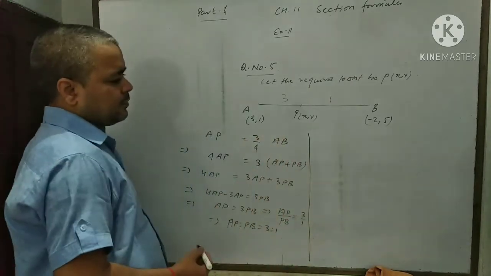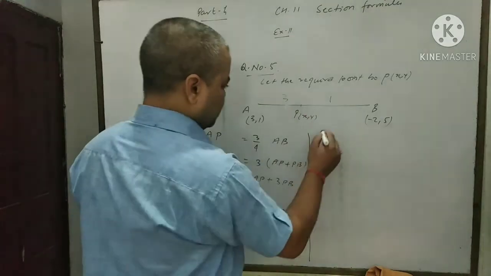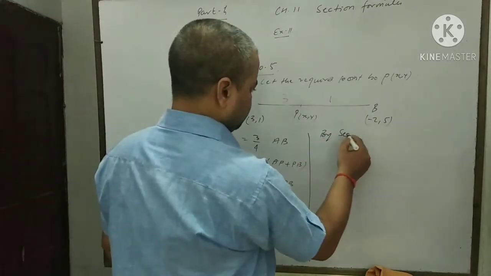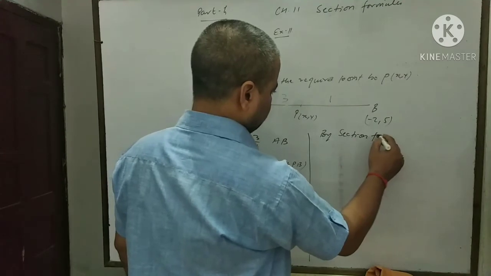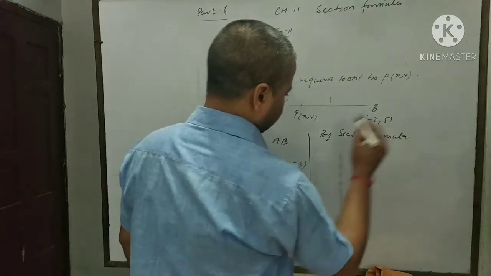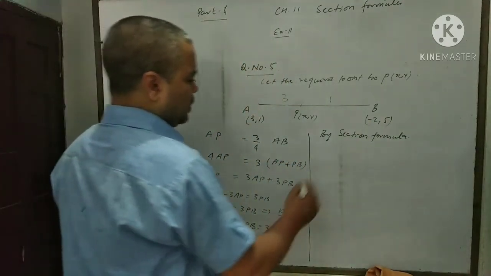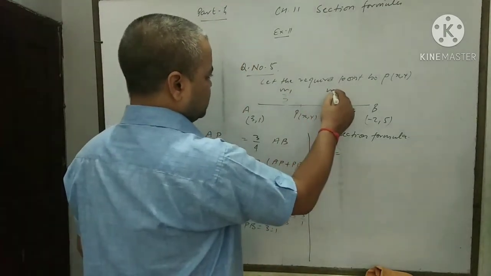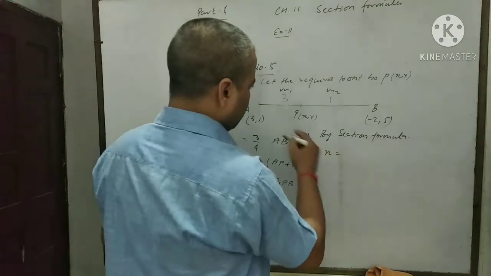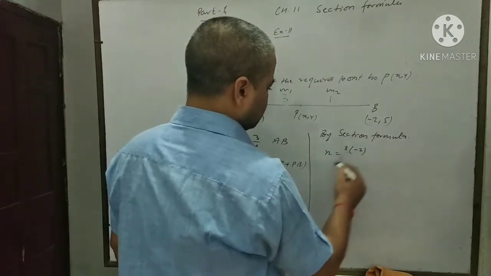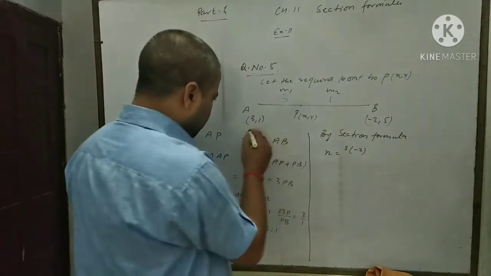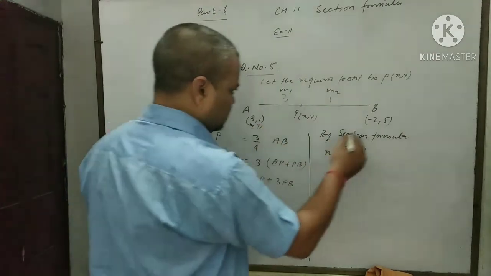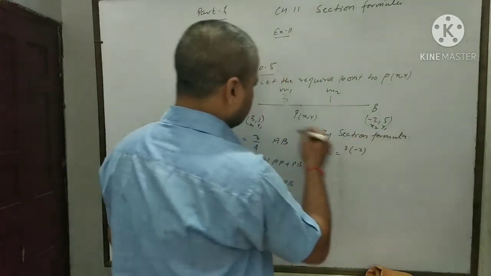Now 3:1, section formula. x will be equal to, let this be m1 and this be m2. m1 x2, m1 means 3, x2 means -2. Let this be x1 y1, x2 y2, m1 m2.